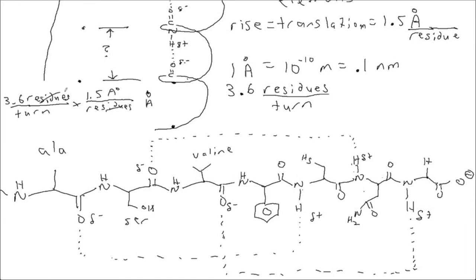So if we cancel, we would get 3.6 times 1.5. And actually, I guess the units now would come out as angstroms per turn. But those are even better units, because that's what we wanted to know. We wanted to know how many angstroms there are per turn.